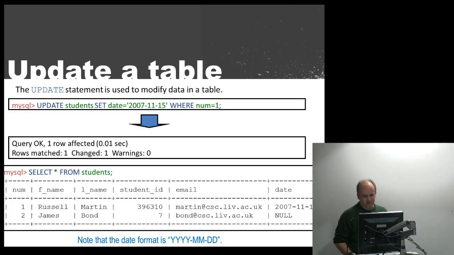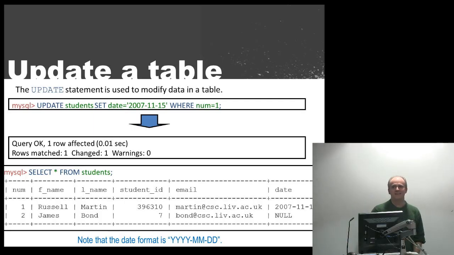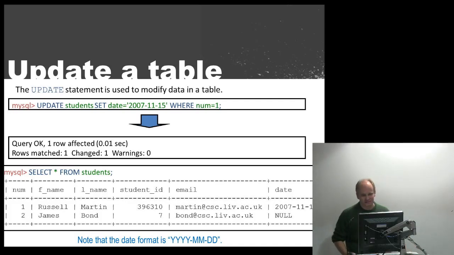So MySQL has its own way, which is neither the British way nor the American way. It's the ISO way, an international standard: year, month, and the day of the month.